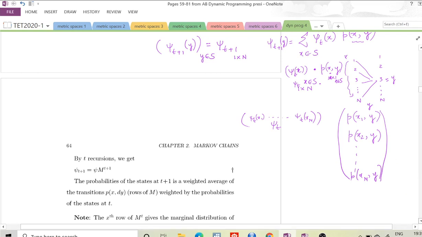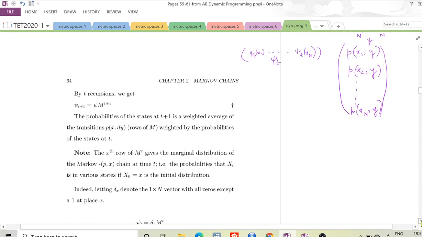So if I were to actually do it for all the n states, the y could be x1, it could be x2, it could be x3, all the way through xn, right? So what is the probability that I'm in state y equals x1 today, given that I was in some state yesterday?